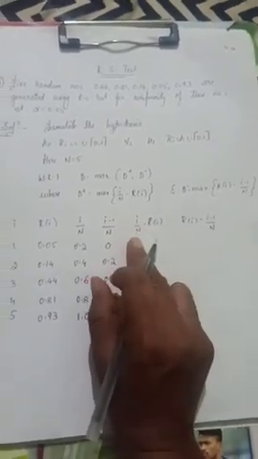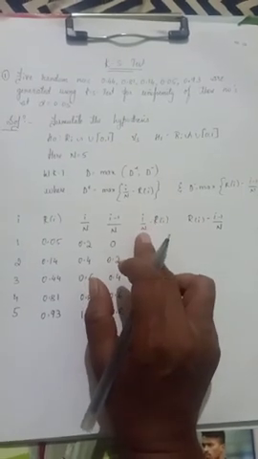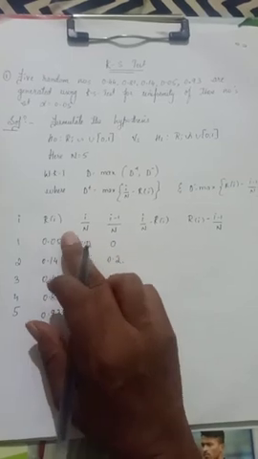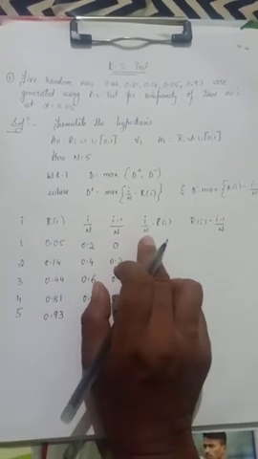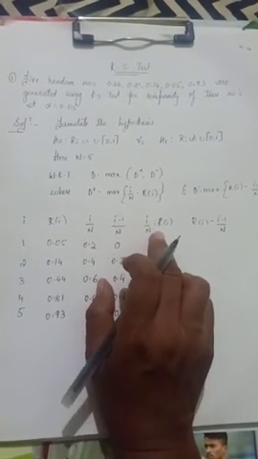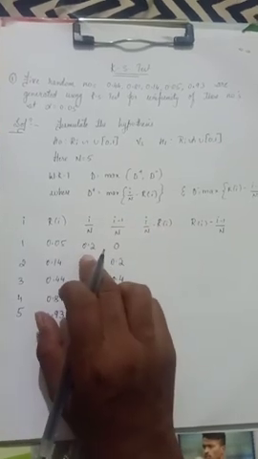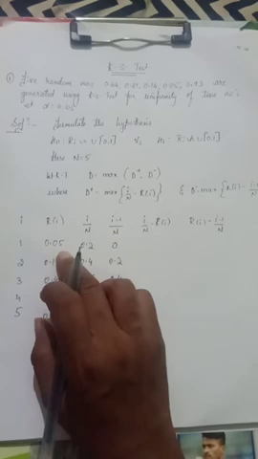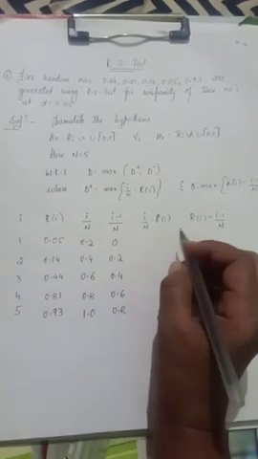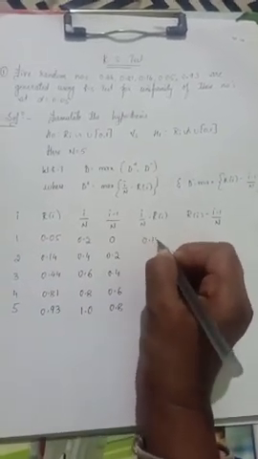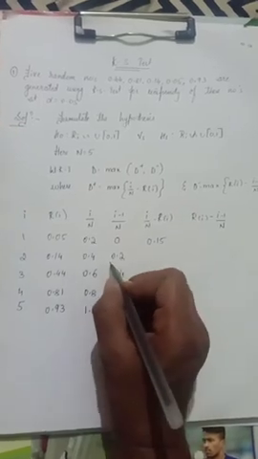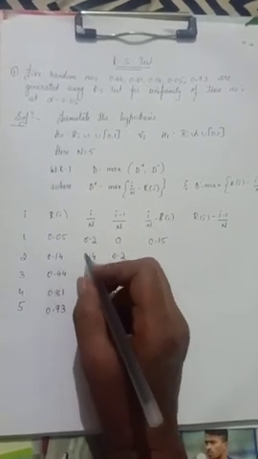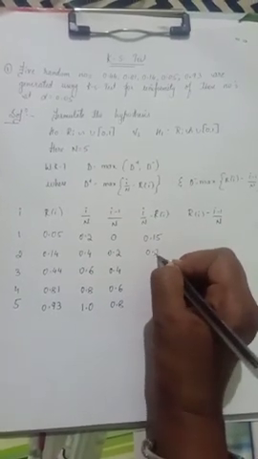The next value we need to find is i by n minus R of i. We already found i by n, and R of i we also know. The first one, 0.2 minus 0.05, will be 0.15. The next, 0.4 minus 0.14, is 0.26.